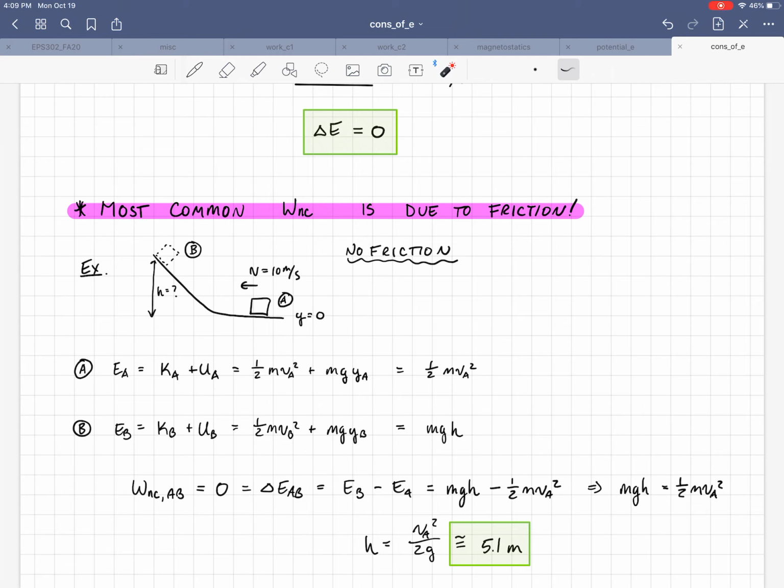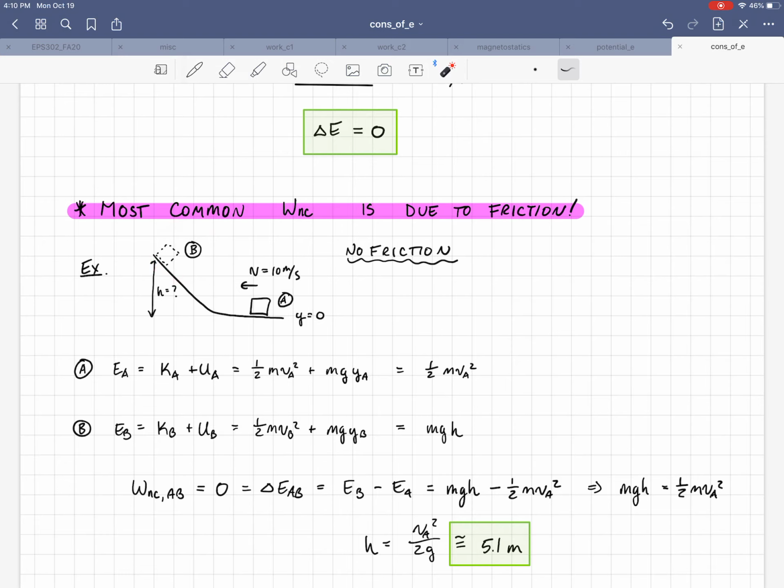So I'm going to choose this location as y equals 0, which means my initial potential energy due to gravity is 0. Initially all I have is kinetic energy, and instead of plugging in numbers, I'm just going to leave it as 1/2 mv_A squared. I had two potential energy terms, one of them is 0, and so I just end up with kinetic energy at the start.